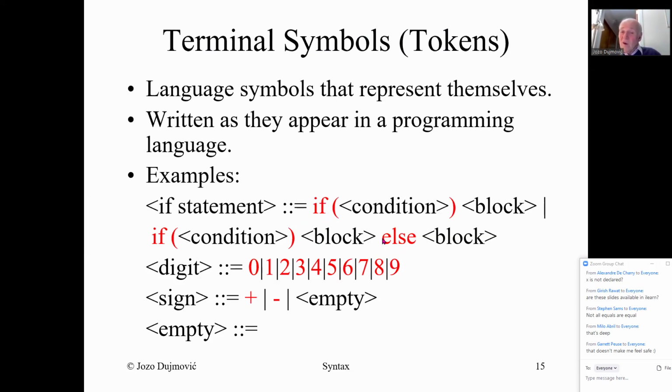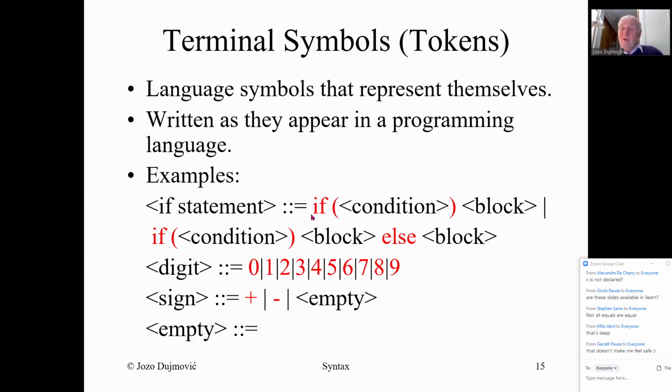You have keyword else. Else must be written exactly as else. If you have here else without this E, this is going to be a syntax error. Therefore, this if and this else are terminal symbols. They represent themselves. So you have to write them as they are if the compiler has to understand them.